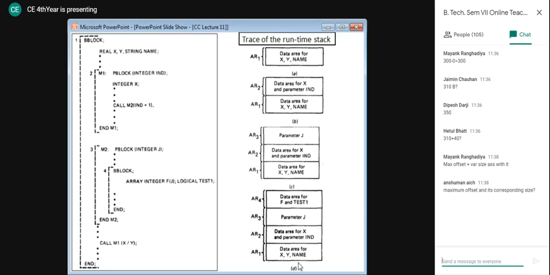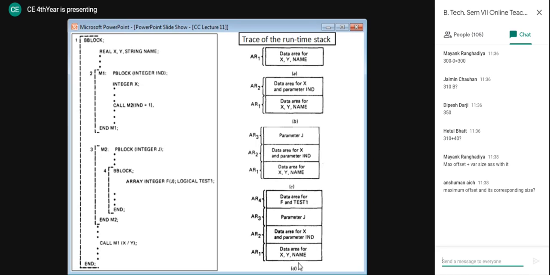Then if you look at the code, next is our procedure, next is our block 1. Over here we are having a local variable x and an argument, that is int. So the parameter int and the variable x, its data area will be allocated in our stack. So now our activation record 2 will be on top of activation record 1.